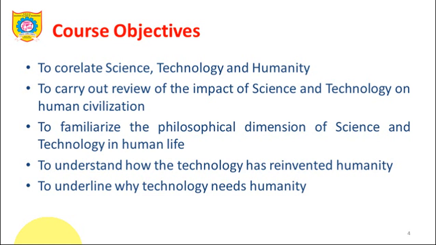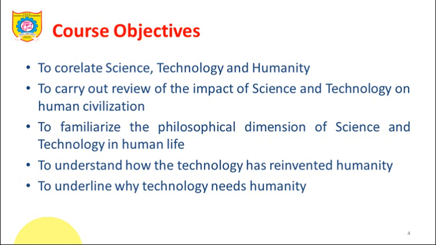Now, coming to the course objectives: to correlate science, technology, and humanity, to carry out a review of the impact of science and technology on human civilization, to familiarize with the philosophical dimension of science and technology in human life, to understand how technology has reinvented humanity, and finally, to underline why technology needs humanity.